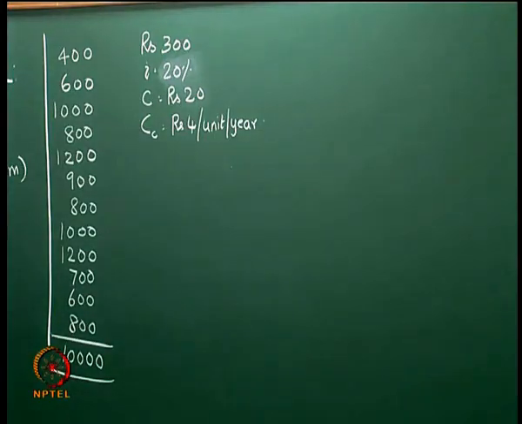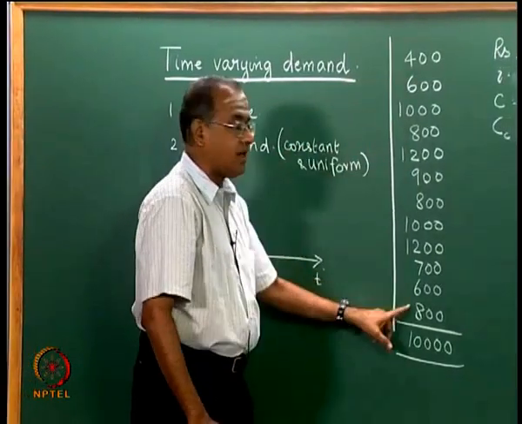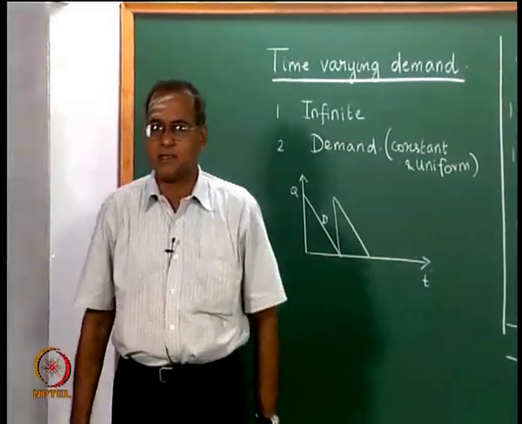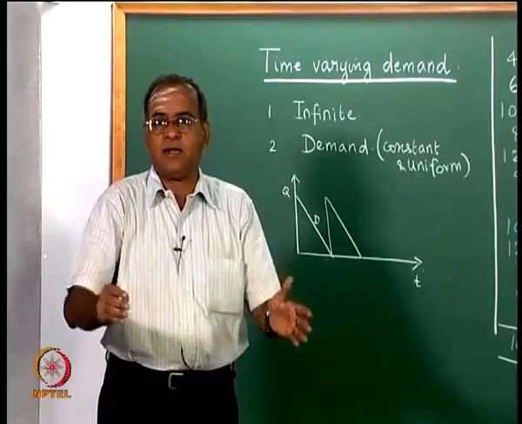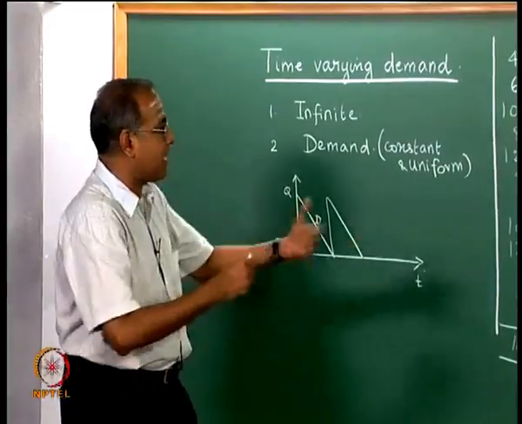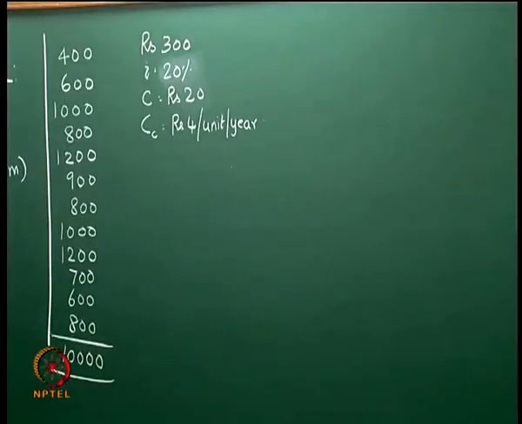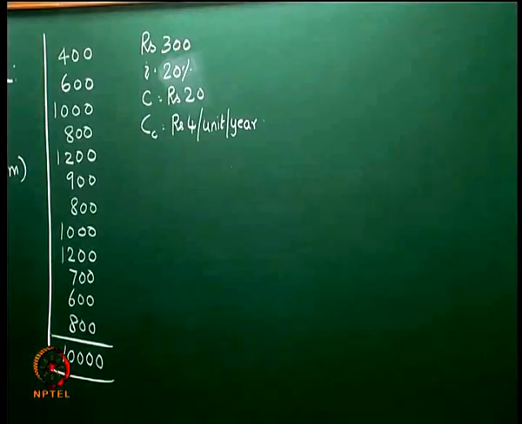And as I mentioned, the other difference is we are considering 12 months or 12 periods. Each period is a month and our planning stops at the end of the 12th month. So we are not looking at the 13th month demand in this illustration.